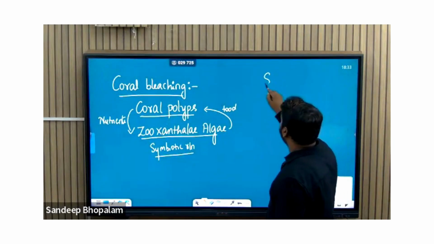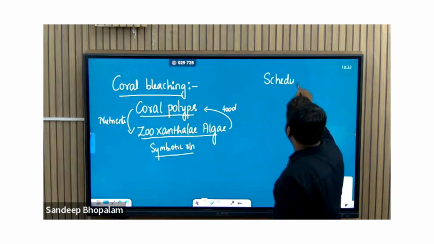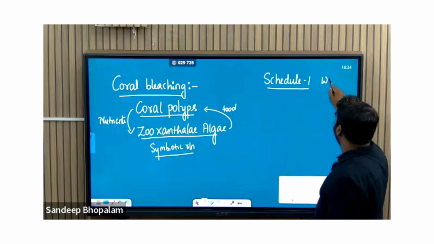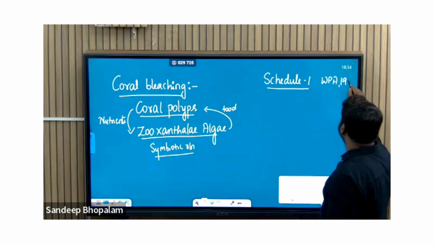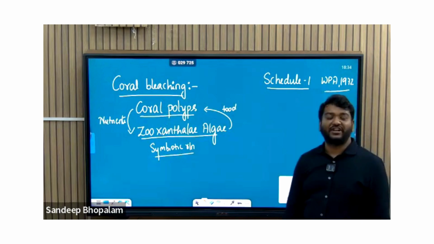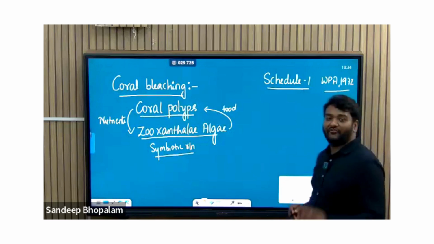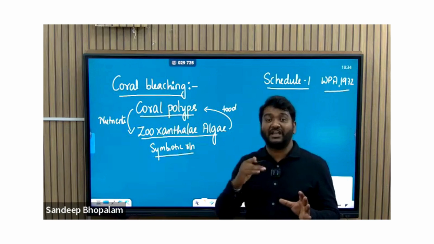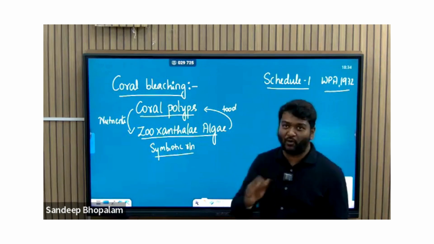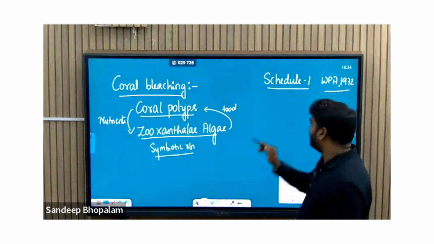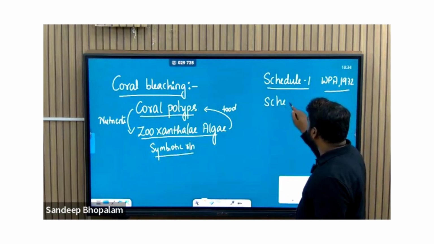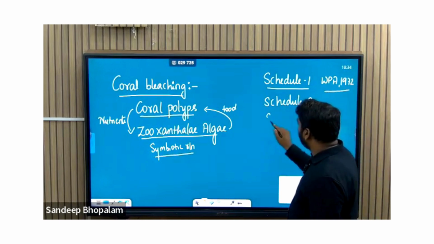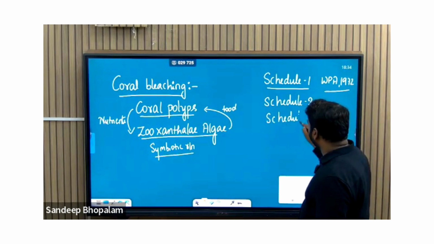Remember, coral reefs are protected under Schedule 1 of the Wildlife Protection Act 1972. Remember, Schedule 1, if you kill any species, the highest priority will be given and punishment will be more. So highly protected organisms come under Schedule 1, little less protected animals come under Schedule 2, and plants come under Schedule 3.